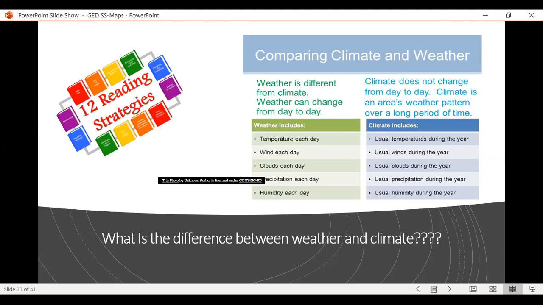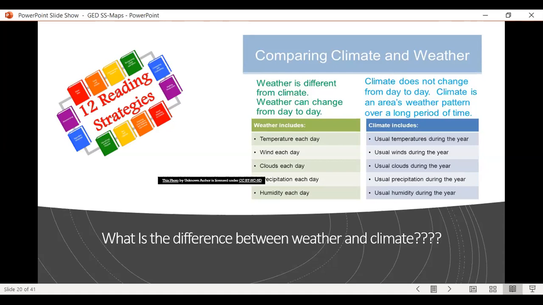Clouds for each day, and then clouds during the year when it comes to climate. Weather includes precipitation each day, and climate includes it for the year. And weather also includes humidity for the day, and climate includes it for the year. So what I'm saying is that you have your common themes, if you want to put it that way.